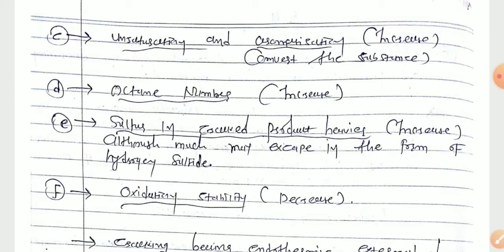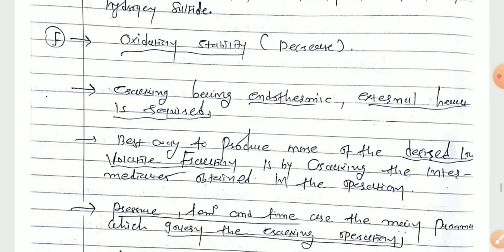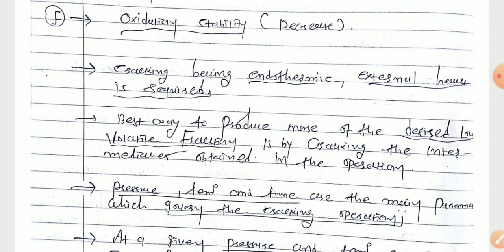Then the oxidation stability decreases, cracking being an endothermic reaction and requiring external heating. One way to produce more of the desired low volatile fractions is by cracking the intermediates obtained in this operation.